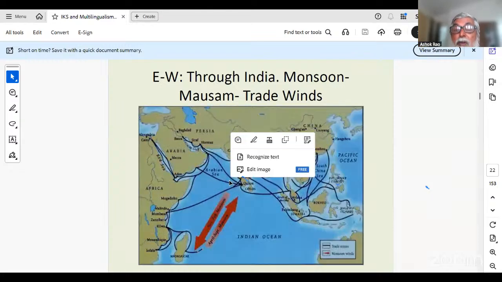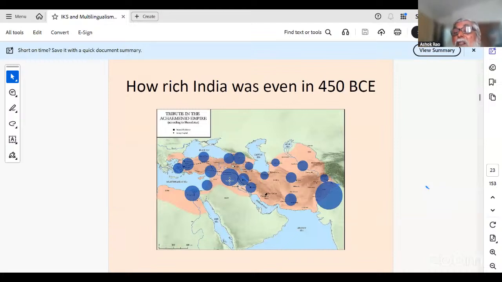And there is proof. See here. This is the Indus Valley. This is the Achaemenid Empire of Darius and Xerxes and all that, stretching from Greece, northern Africa, which is mainly Egypt, what is today the whole of Central, Southeast, Western Asia, Afghanistan, bordering up to Indus Valley.